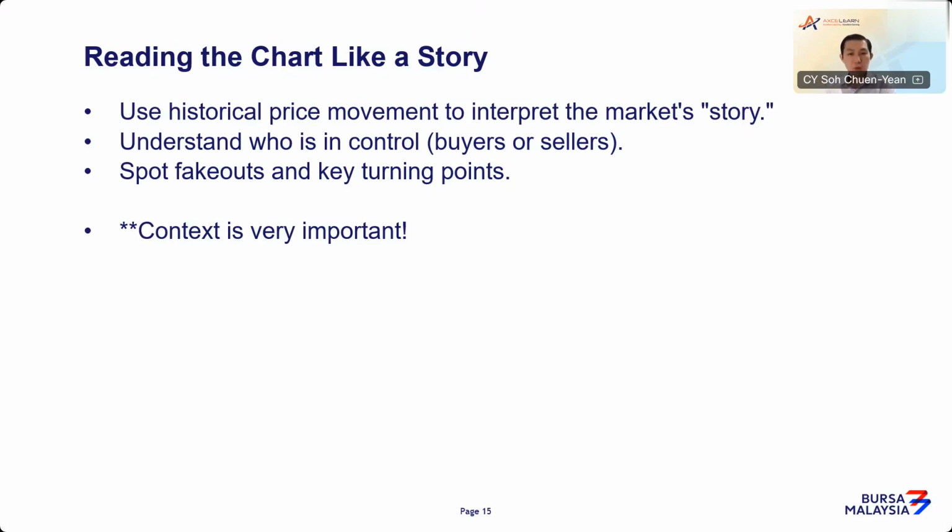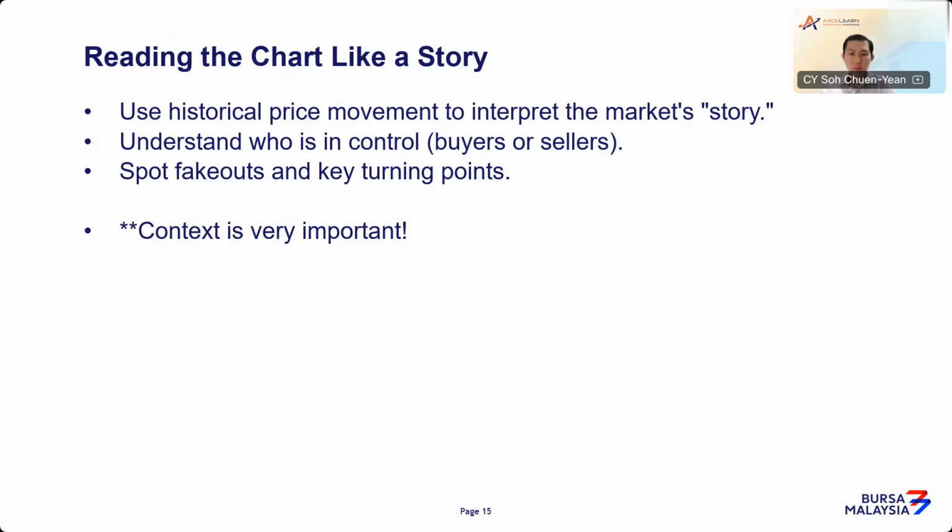This allows you to gauge who is dominating based on trend strength, candlestick behavior, and the patterns you look at. And lastly, price action allows you to spot fake outs and turning points.